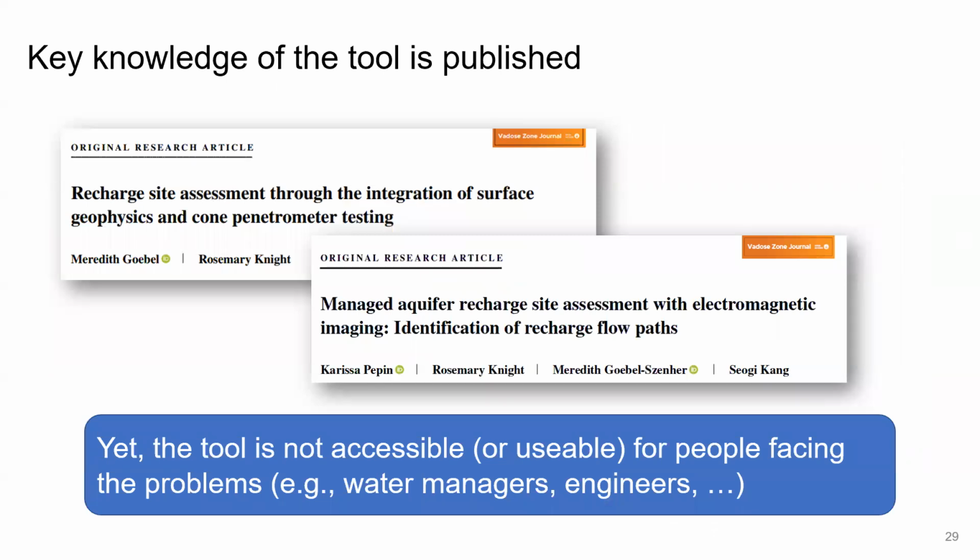The basic knowledge that I have talked about so far is available through these two papers, but the tool is not really accessible or useful for people facing the problem, like water managers, engineers, whoever wants to do this recharge site location.